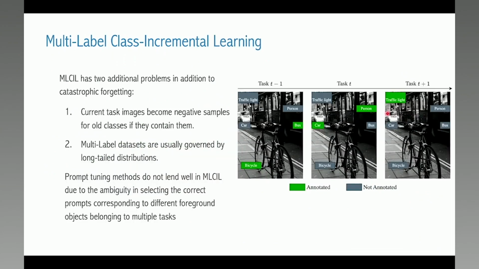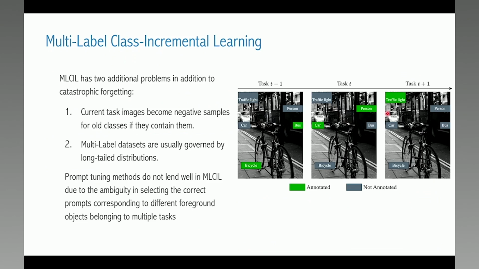So multi-label class incremental learning is actually much more interesting and much more difficult than classical class incremental learning. And the main reason is illustrated in the slide that you see here.